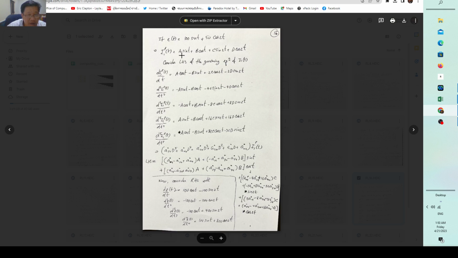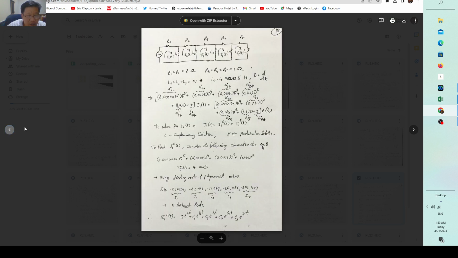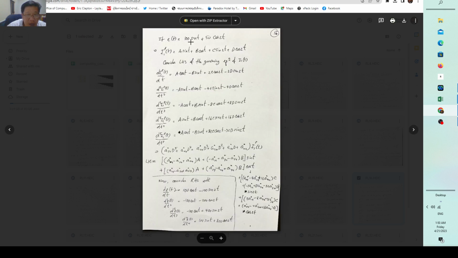But on the left hand side, you need to find what A, B, C, D are, because once you put this sine and cos form through all of these derivative terms, it's going to contain only the terms of sine t and cos 2t also. So that's a common term, and you just make a coefficient comparison between the left hand side and the right hand side because they must be equal.